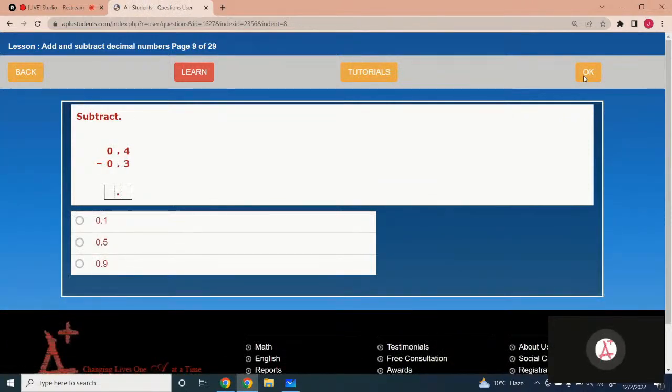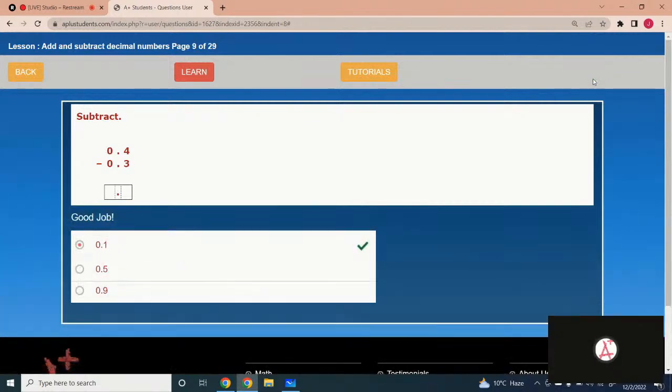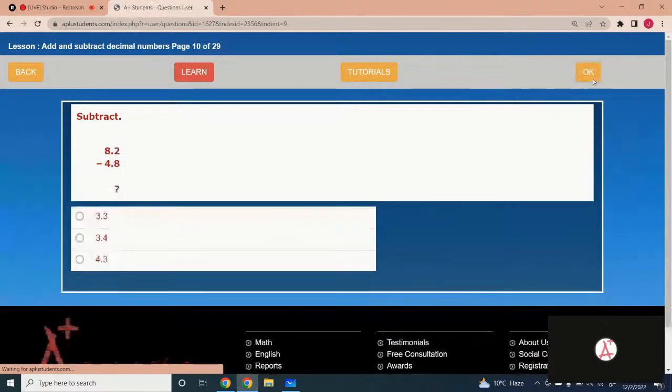Okay, 0.4 minus 0.3. So which is the correct option? It would be 0.1. Got it. Just select the correct option and click on the OK button. 8.2 subtract 4.8.